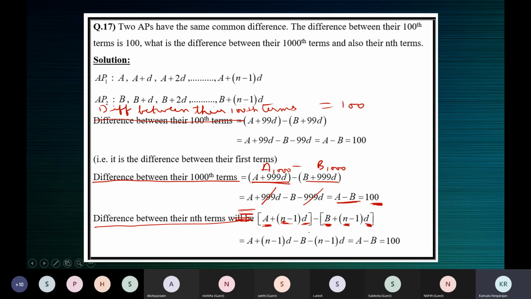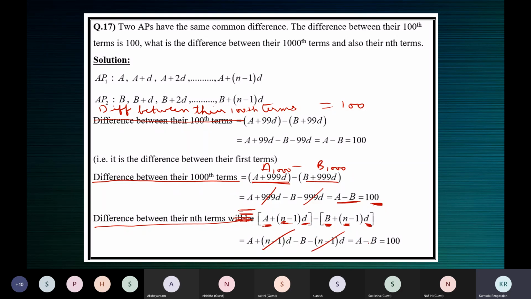So it is A plus n minus 1 into D, minus B plus n minus 1 into D. D is the same in both because the common difference is the same, and n is the same in both because it is the difference between their nth terms. The only difference is the first terms, A and B. Open the bracket, and n minus 1 into D minus n minus 1 into D gets cancelled.